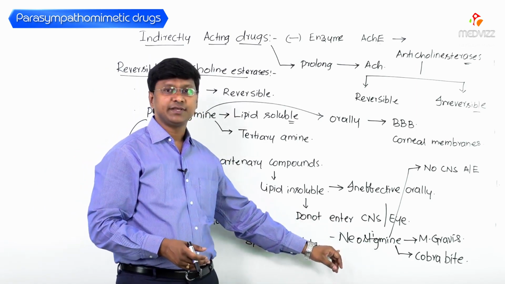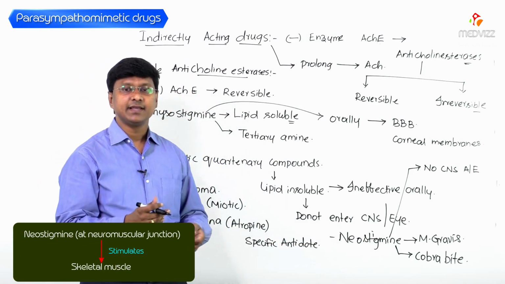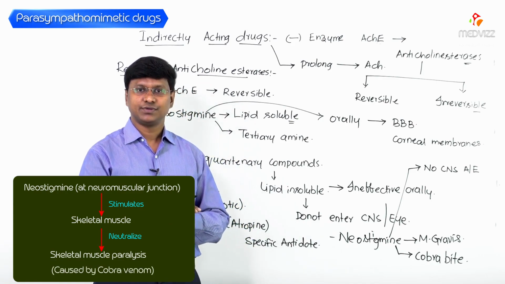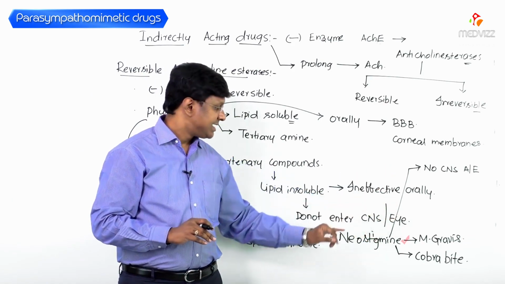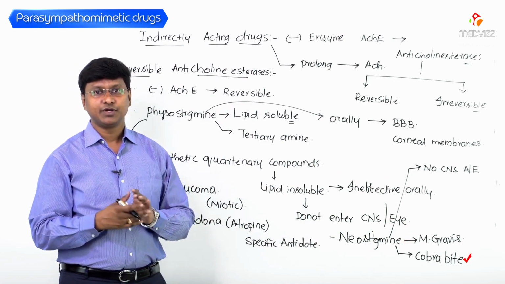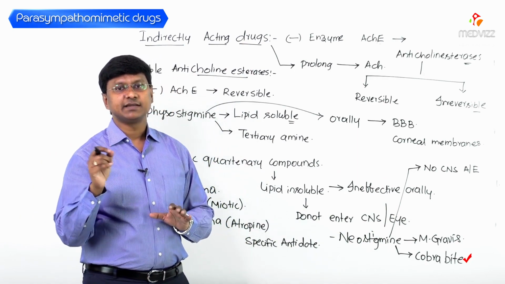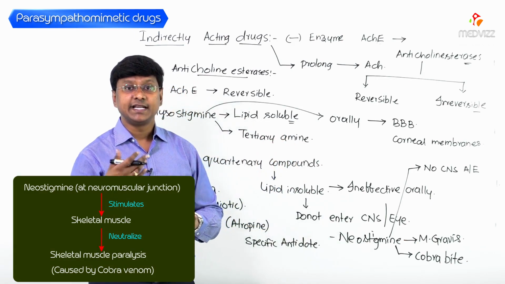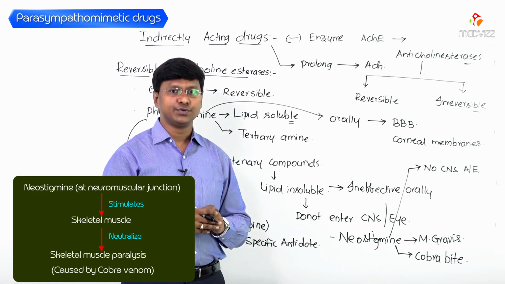Neostigmine at the neuromuscular junction will stimulate the muscles, and thereby the skeletal muscle paralysis caused by the cobra venom can be neutralized.